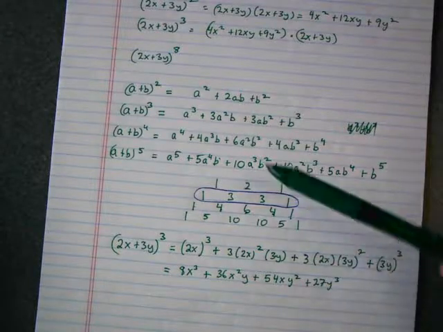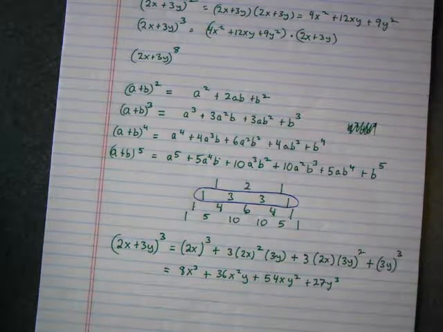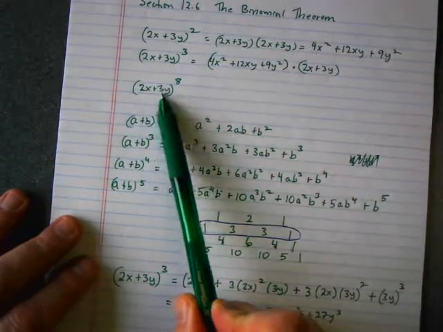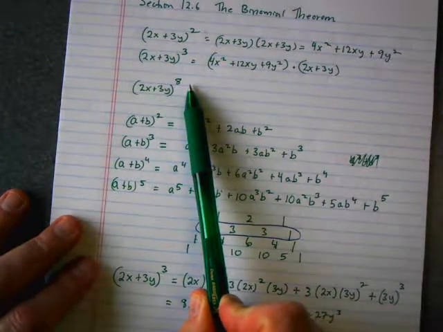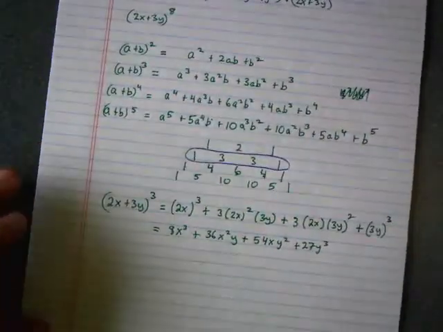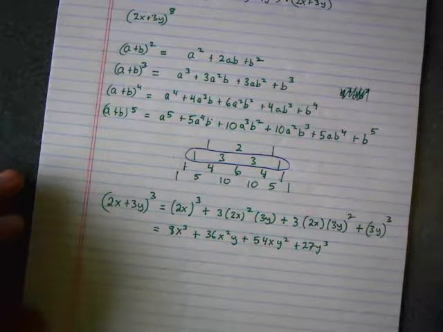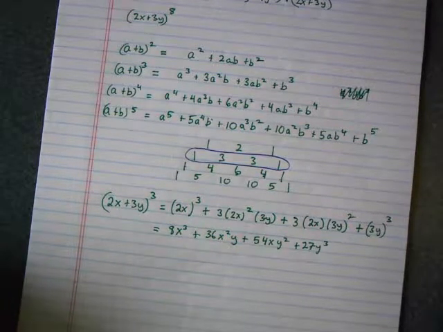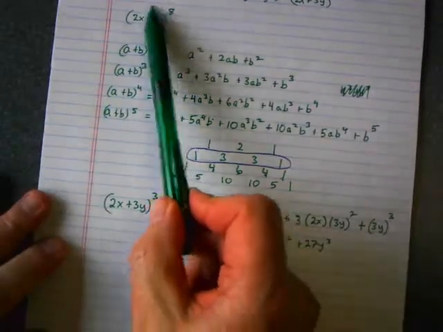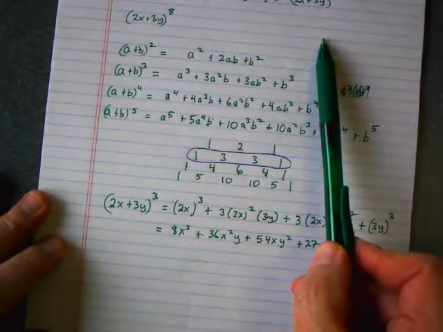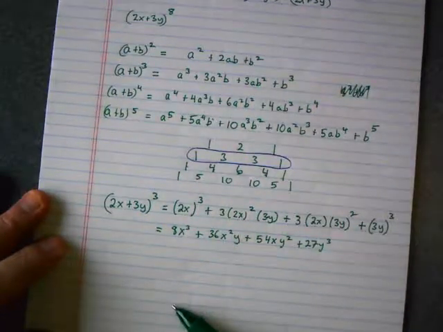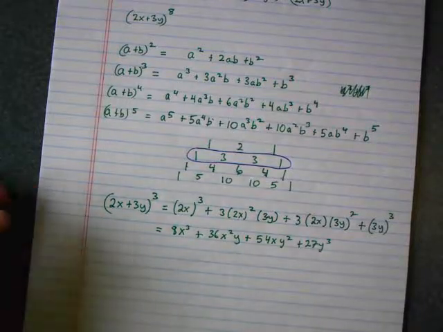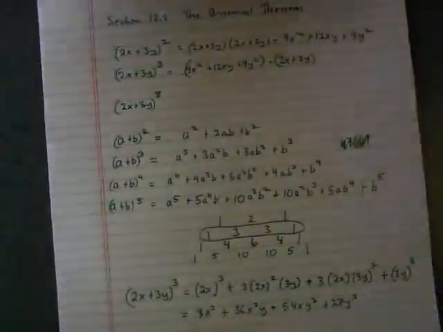You really don't want to have to make the whole triangle, do you? Even for 2x plus 3y to the 8th, that's kind of a pain in the neck. So, well, I don't know about simpler, but a different way. If I ask you to do 2x plus 3y to the 8th, you have two choices. You write out 8 rows of Pascal's triangle, or you do something else, and here's the something else.